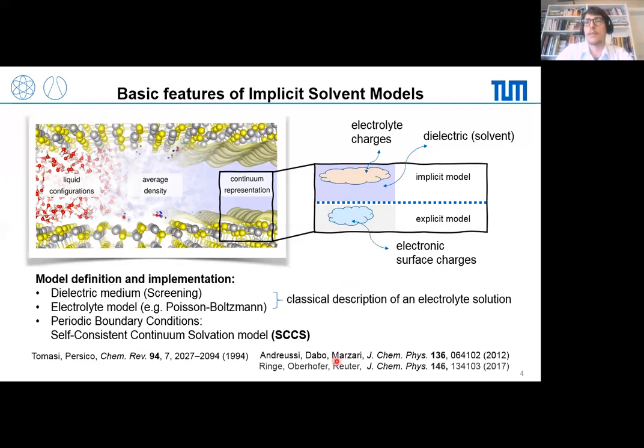So here are just some reference papers. There are, of course, many other people who have contributed to improving and implementing such implicit solvation models. I'm just citing those that use especially the self-consistent continuum solvation model approach, like Andreussi and Marzari, and also Stefan Ringe, whom you all know at DTU, at least I think, and Oberhofer and Reuter.